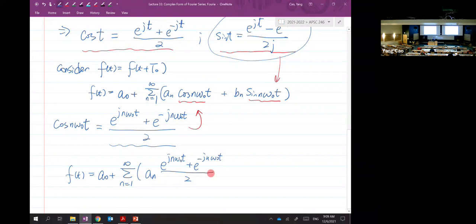Euler's formula. Sine n omega naught t is e^(j n omega naught t) minus e to the power negative j n omega naught t, divided by 2j.